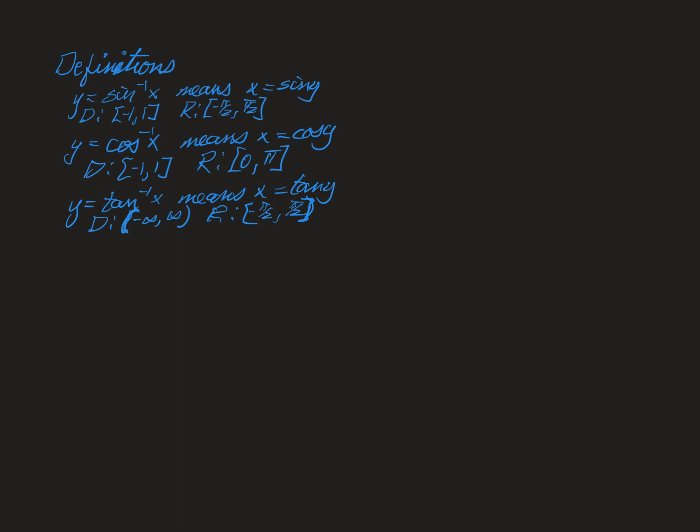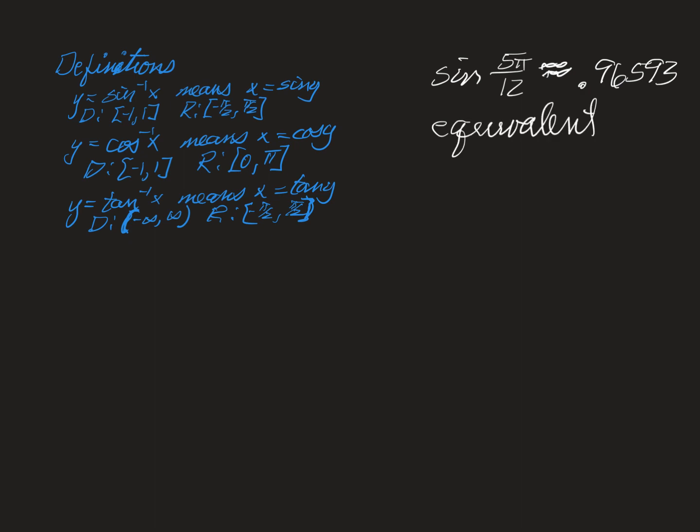So the first thing we can do is just start to practice writing things. For instance, suppose I say the sine of 5 pi over 12, and I punch it out on my calculator, and it's approximately 0.96593. Then I want to be able to write an equivalent inverse sine expression.